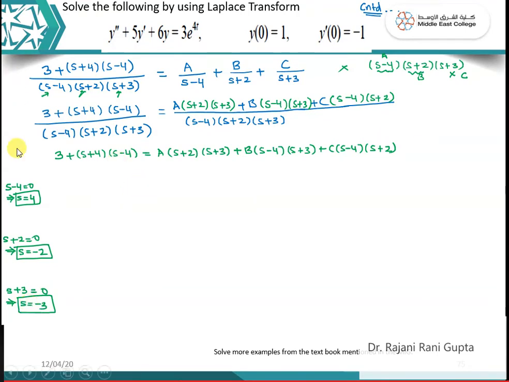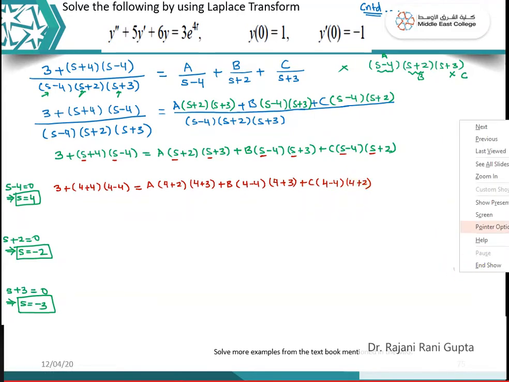So when we replace s here and we have more s, be careful, you should replace all the s's. By 4, what we will get? 3 plus 4 plus 4, 4 minus 4 equal a times 4 plus 2, 4 plus 3, plus b times 4 minus 4, 4 plus 3, plus c times 4 minus 4, 4 plus 2.